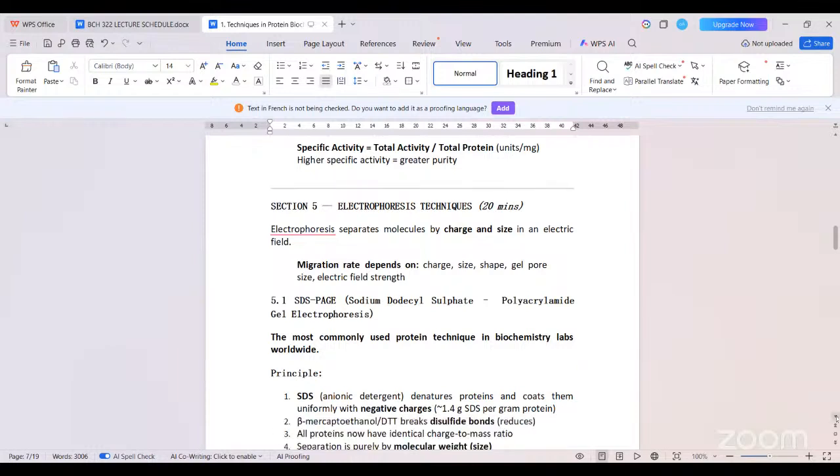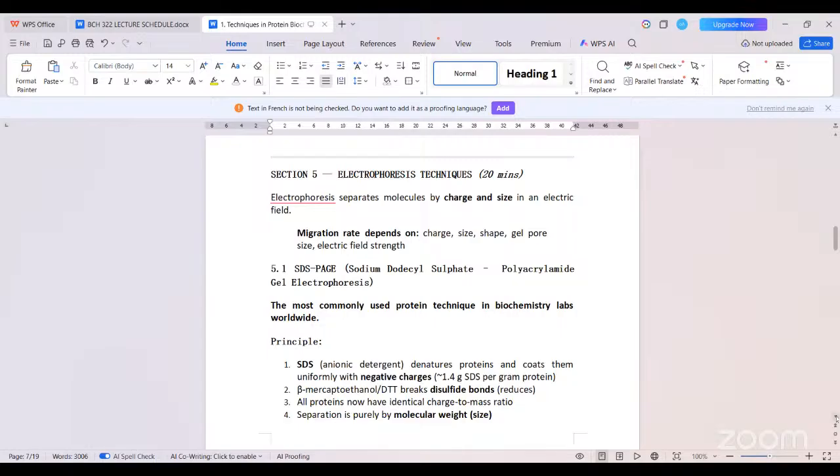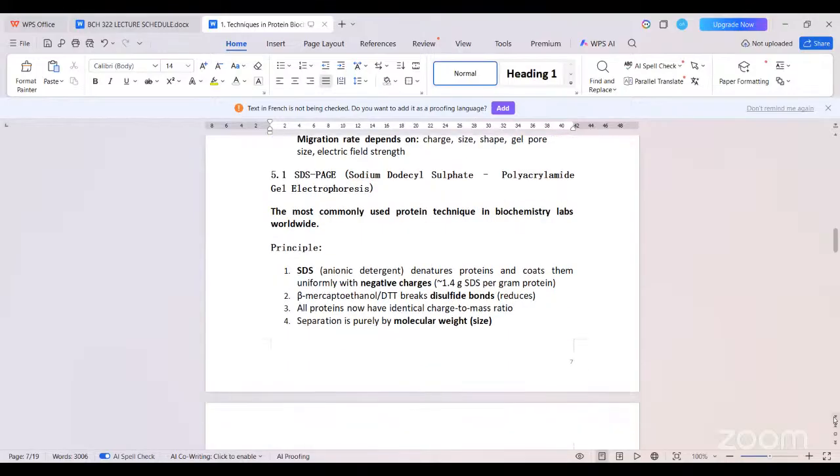Let me just dwell a little on this. So the SDS, that's sodium dodecyl sulfate, is an anionic detergent that denatures proteins and coats them uniformly with a negative charge. And still within this method, we have beta mercaptoethanol, which is used to break disulfide bonds, or reduce the bonds.